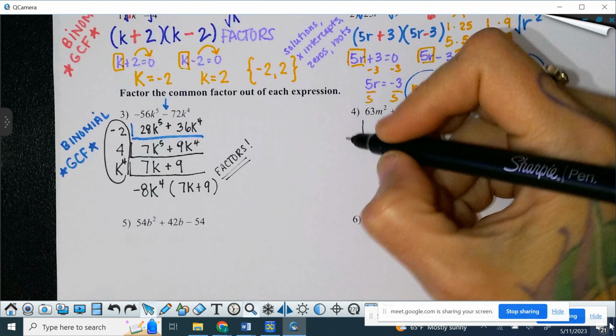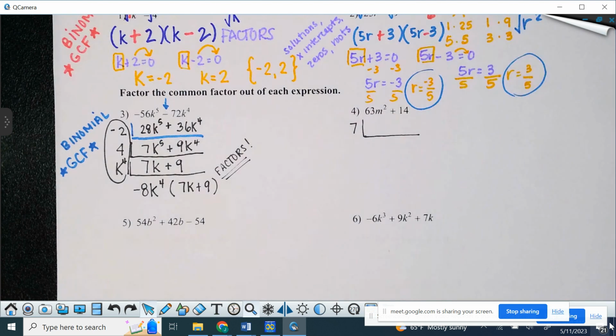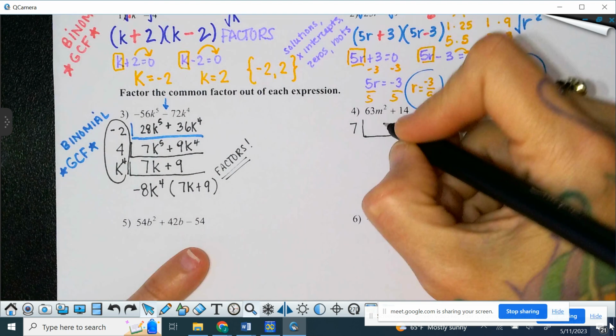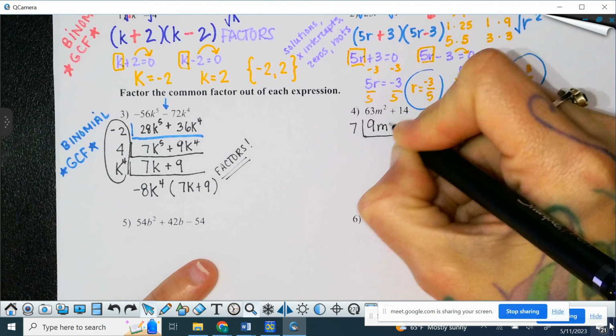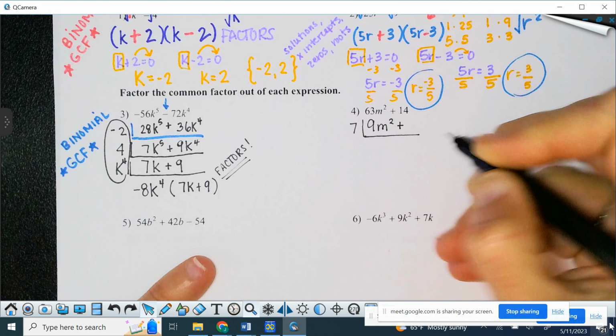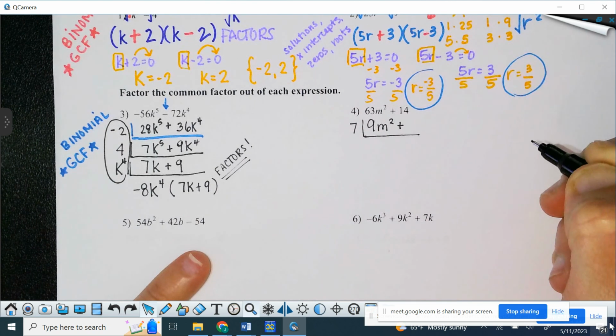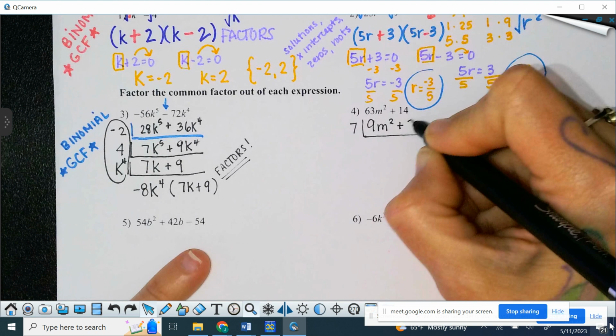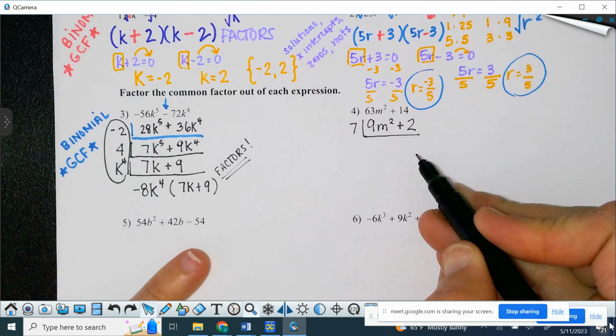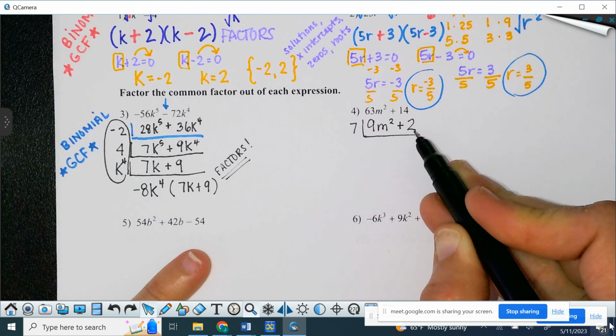So 63, is it divisible by 7? If I divide 63 by 7, what do I get? 9. Good. So 9m squared. 14 divided by 7 is 2. Perfect. 9 and 2 have nothing in common numerically because 2 is going to be 1 and 2. 9 is 1, 9, 3 and 3.